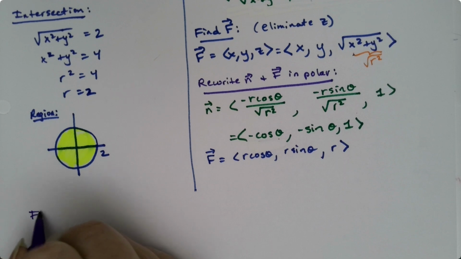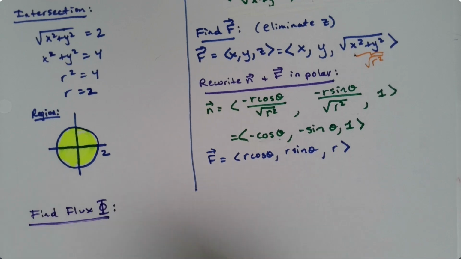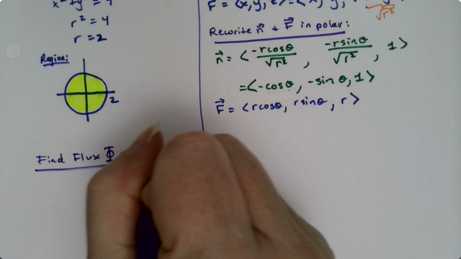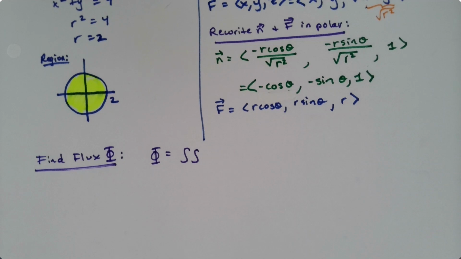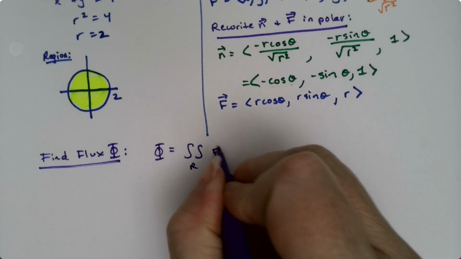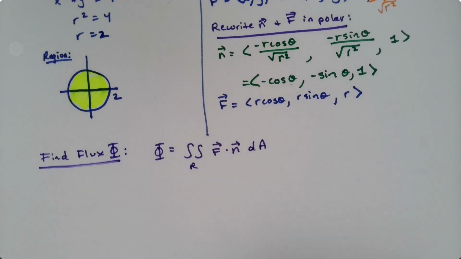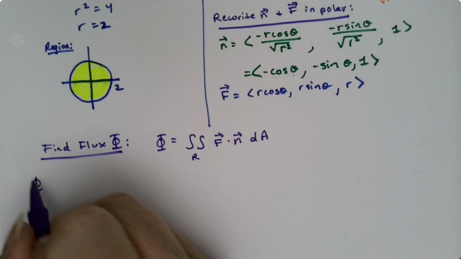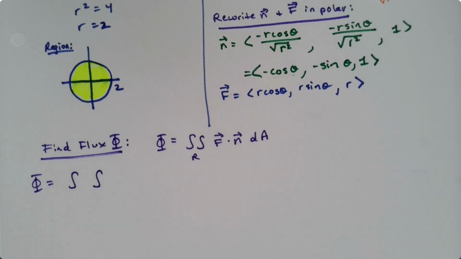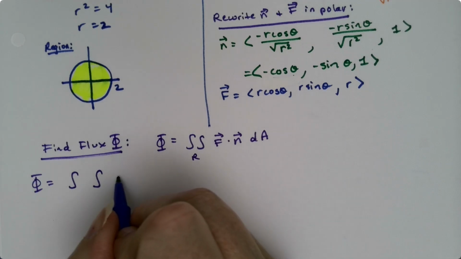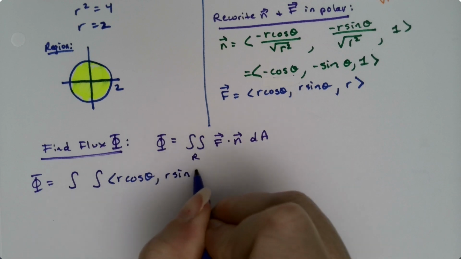So that's going to be down here. Okay, so remember that flux is the double integral over the region of f dot n dA. So flux is the double integral over, okay, f is now r cosine theta, r sine theta.